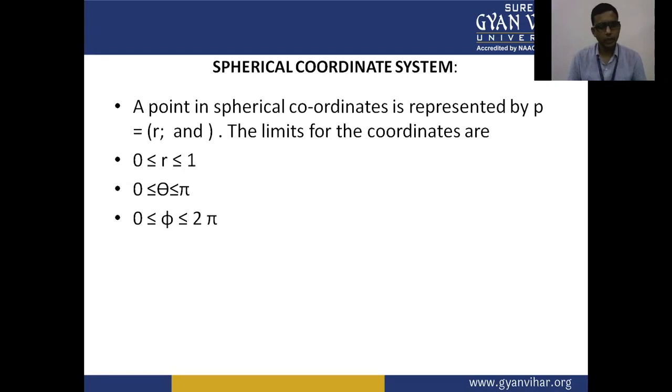It varies from 0 to pi. 0 is the lower limit and pi is the upper limit of theta. Next angular value, phi, has the lower limit 0 and upper limit 2 pi. So 0 to 2 pi is the limit for phi, 0 to pi is the limit for theta, and 0 to infinity is the limit for r, because r is a linear distance.